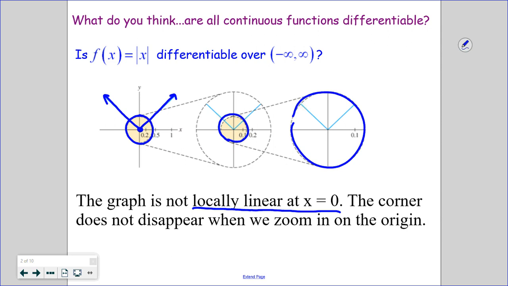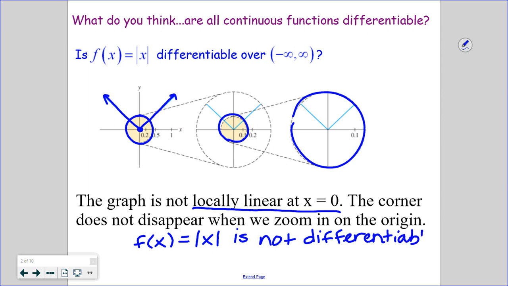So the takeaway is that f of x equals absolute value of x is not differentiable at x equals 0, so you cannot calculate the derivative of that function when x equals 0.